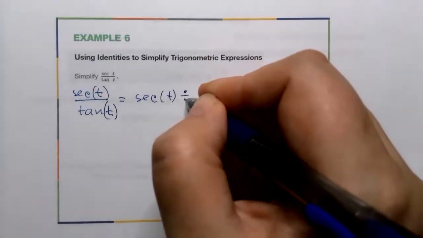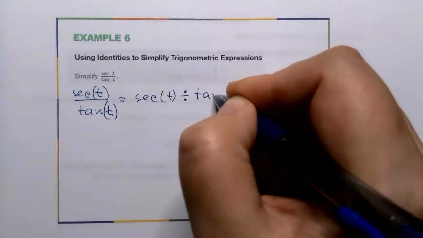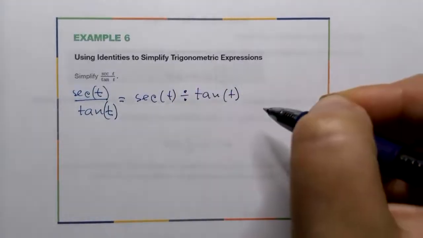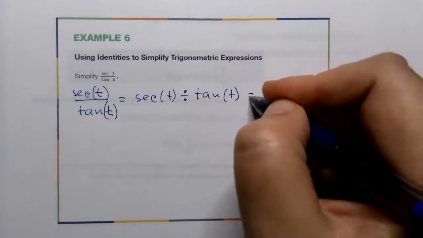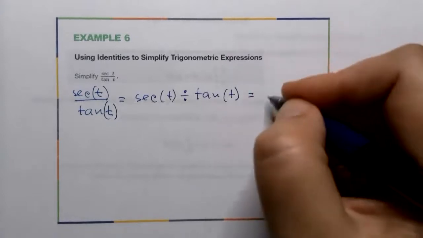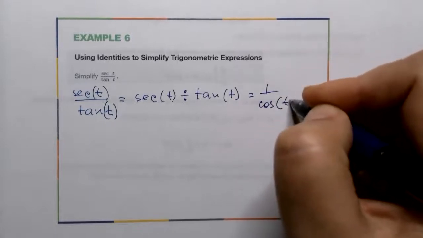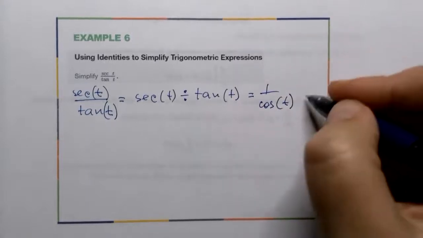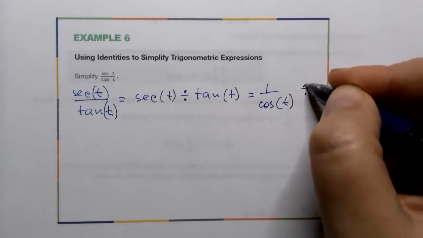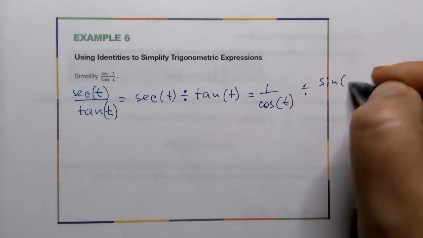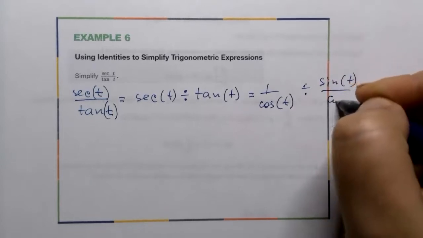I'm going to rewrite it in the expanded format because each one of these is going to be a fraction. We remember that the secant t is 1 over cosine t, and the tangent is sine t over cosine t.